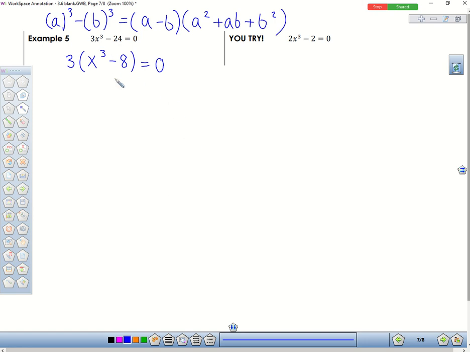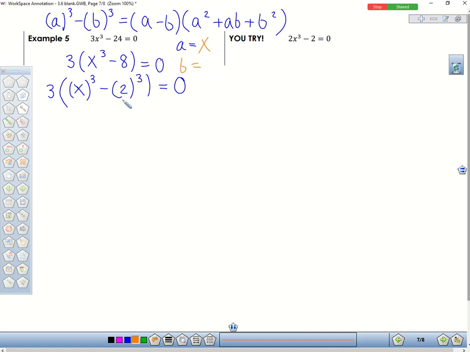So I'm going to try to do that with our case here. It just has a 3 on the outside. That's the only difference. So I can rewrite x to the third as x to the third power like that, minus 2 to the third power, because 2 times 2 times 2 is 8. And now I can fill everything in. What's my a value here in this case? It's this value here, x.